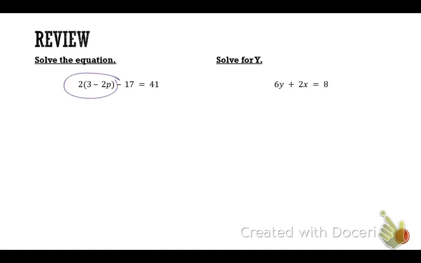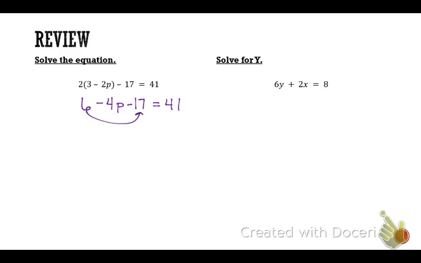Okay, yes, I need to do the distributive. What's 2 times 3? 6. What's 2 times negative 2p? Yes, negative 4p minus 17 equals 41. Now I notice I have 3 terms on the left side. So is there anything I could combine like terms? 17 and 6.